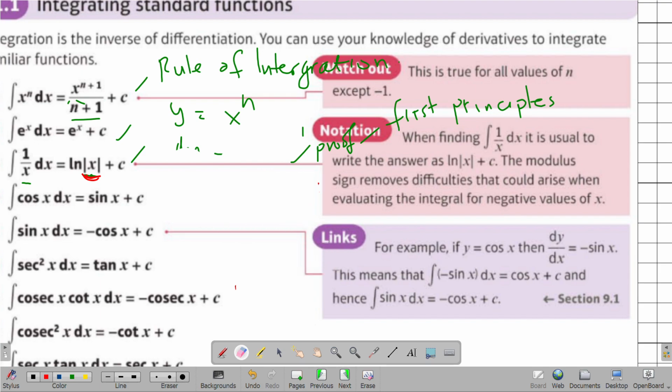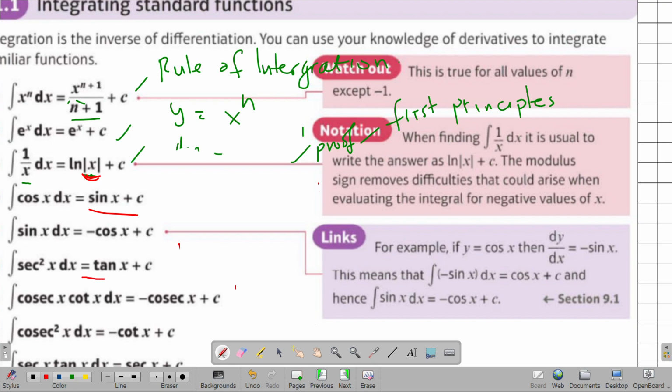Again, you're going to need to integrate these standard functions. Since we have done the proofs of why the derivative of cos x is minus sine x, and the derivative of sine x is cos x, you can treat these as formulas. You can also see that the integral of cos x is sine x, and the integral of sine x will be minus cos x as well.